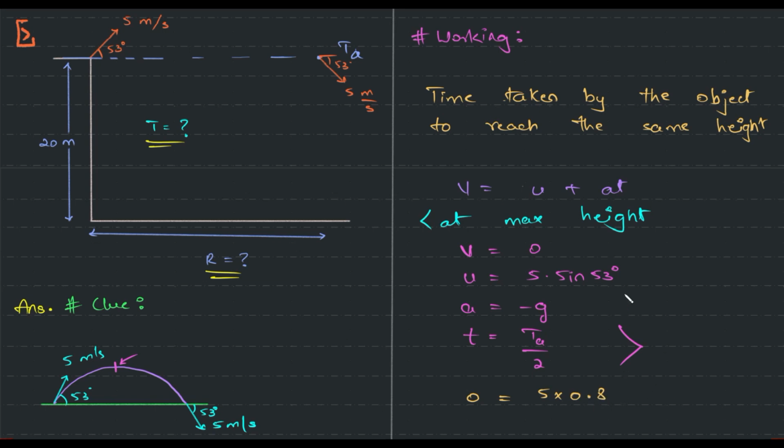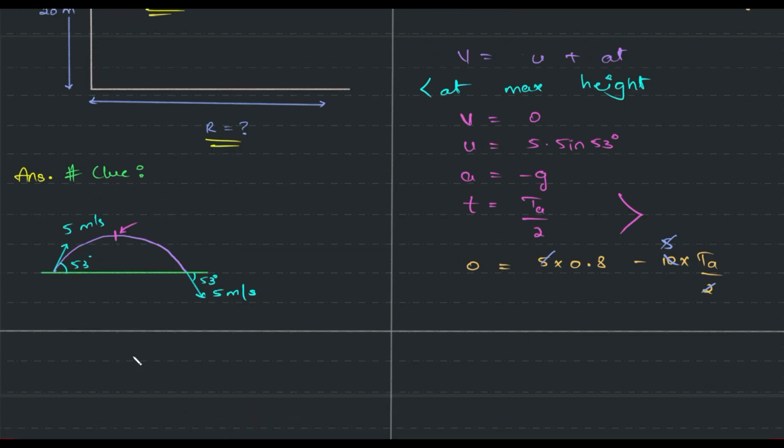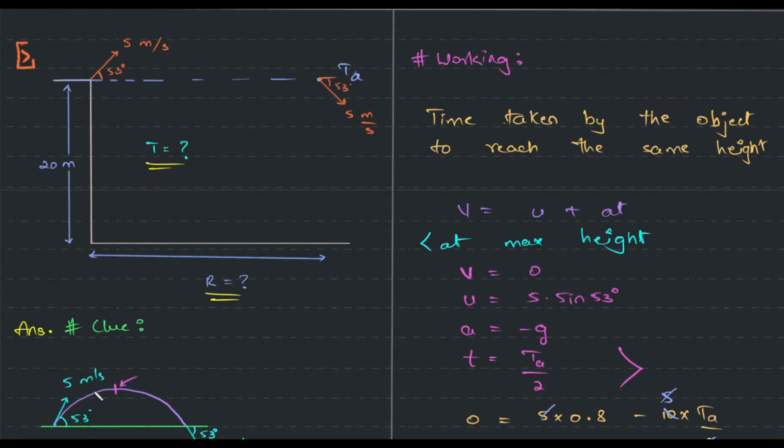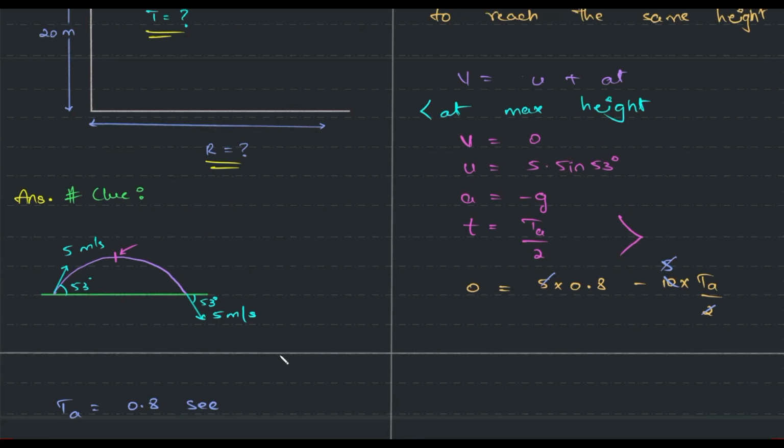Then, see, I remember this now because I used it once. I don't have to memorize everything. TA by 2. So this is 10 into TA by 2. A bit of rearranging, 5 gets cancelled. So TA, the time of flight from here to here, is just 0.8 second. Oh, that's it. Okay.